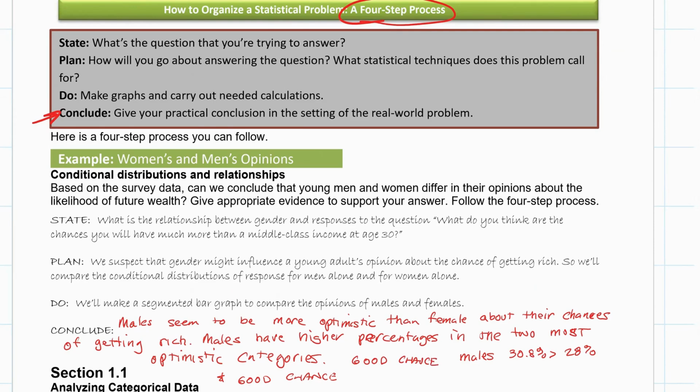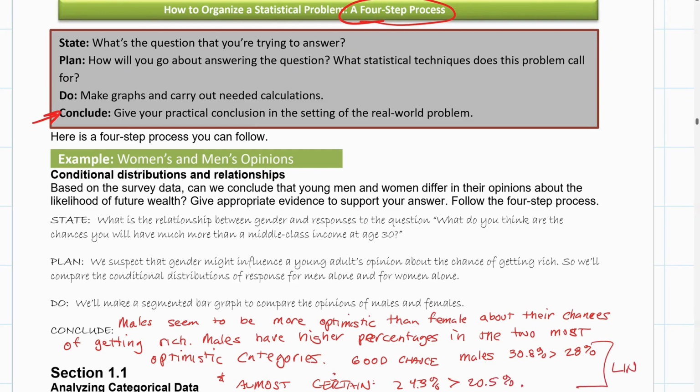And then for almost certain, we had 24.3%, which was greater than 20.5%.